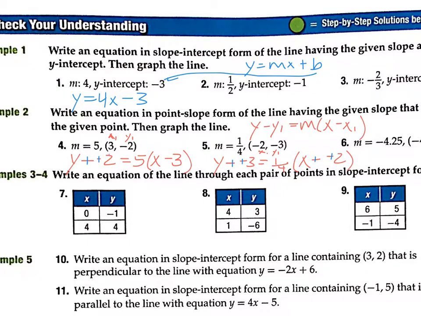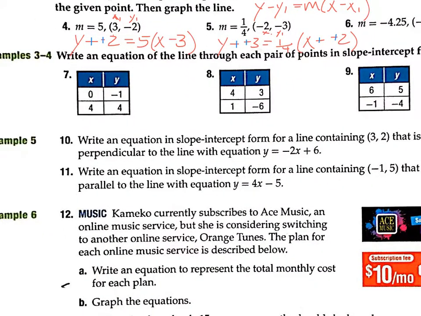Here they want us to write an equation of the line through each pair of points in slope-intercept form. The first thing I have to do is get my slope. Change in y: my y's went up 5, over change in x: my x's went up 4. So my slope is 5/4.